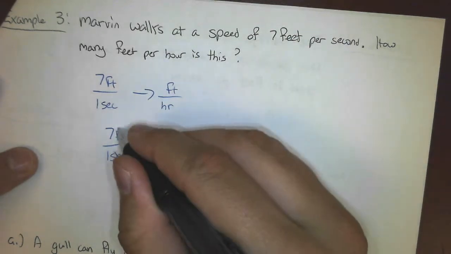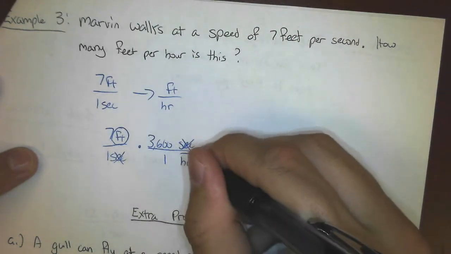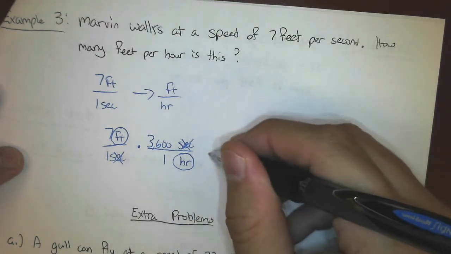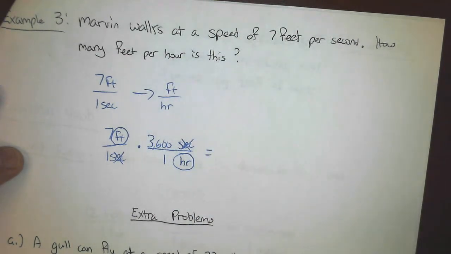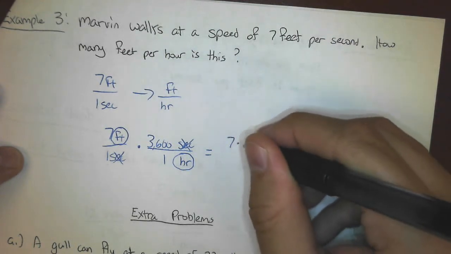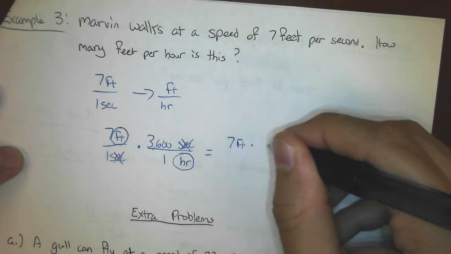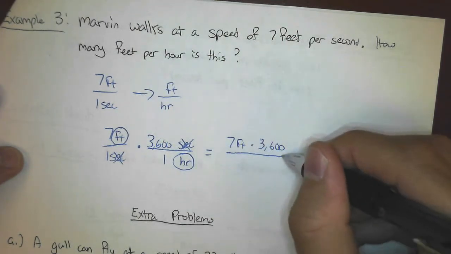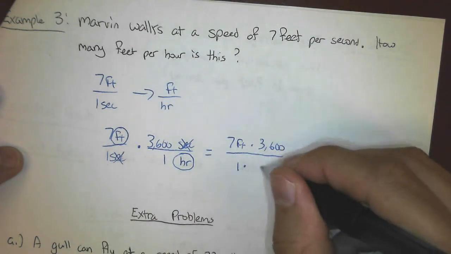We're left with feet over hours. So now I can just multiply across. I've got 7 feet times 3,600, all over 1 times 1 second.